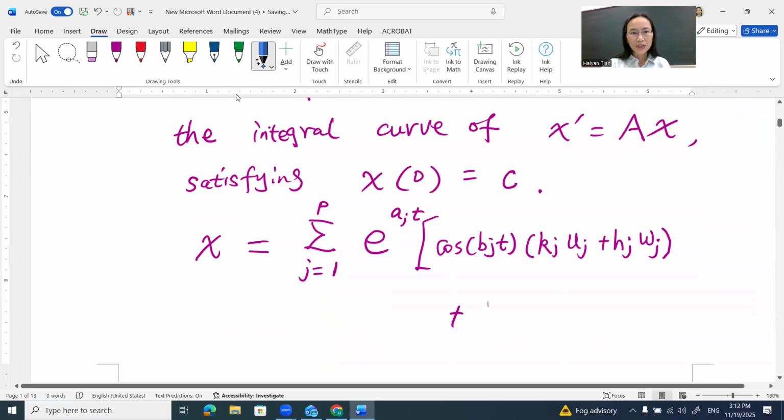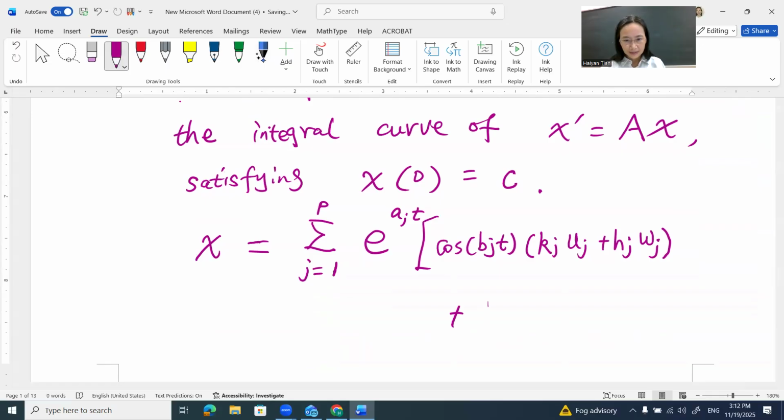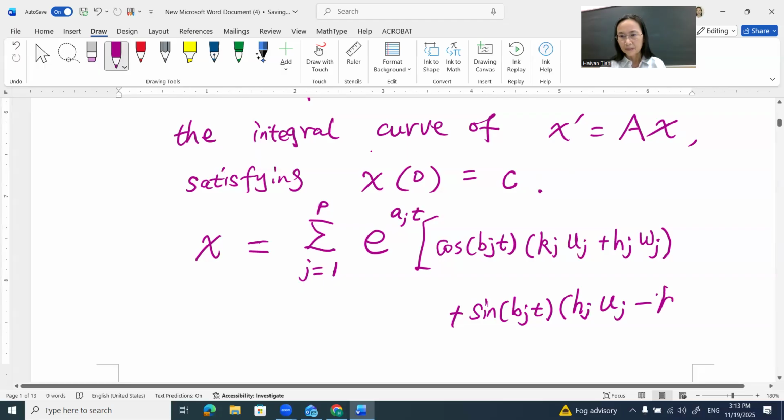So our solution can be represented as, okay, there's another part, with b_j t. So h_j, which is the same h_j, times u_j this time for this part, u_j minus k_j w_j.